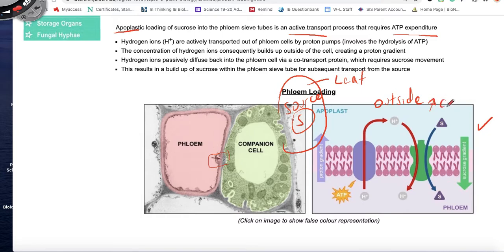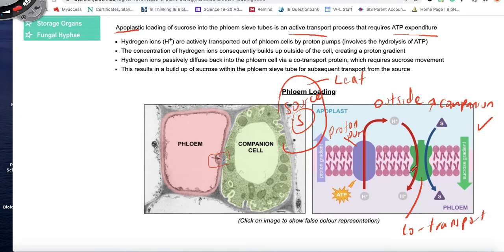Okay, so the companion cell is here. So how do we undergo this active transport part? Well, you're going to need two types of proteins embedded here in the membrane. This is what we call a proton pump, and this is what we call a cotransport protein.